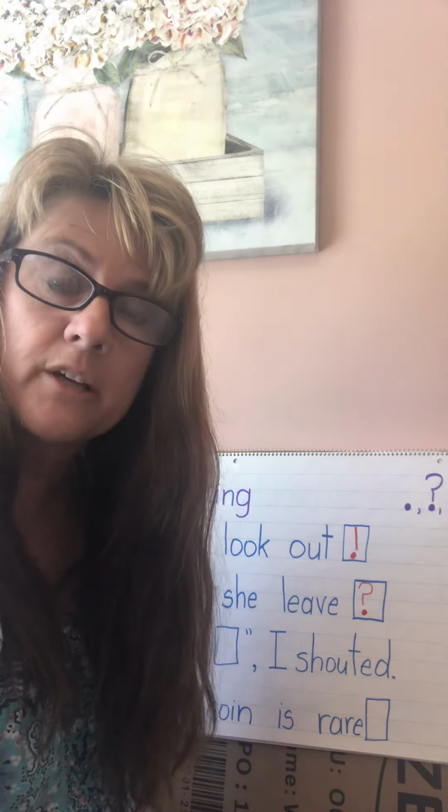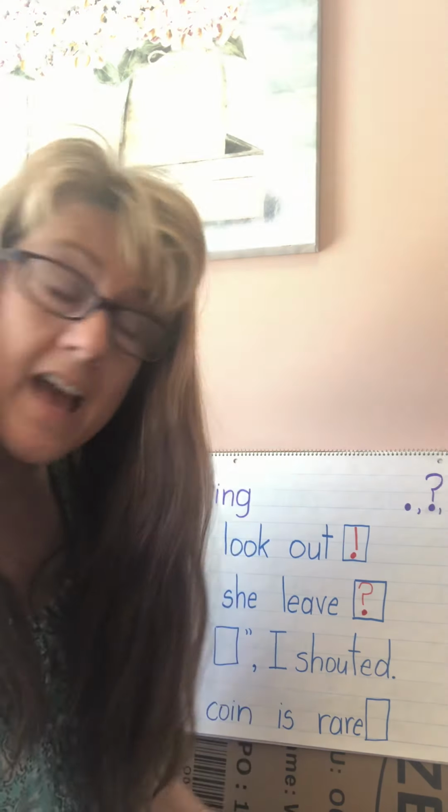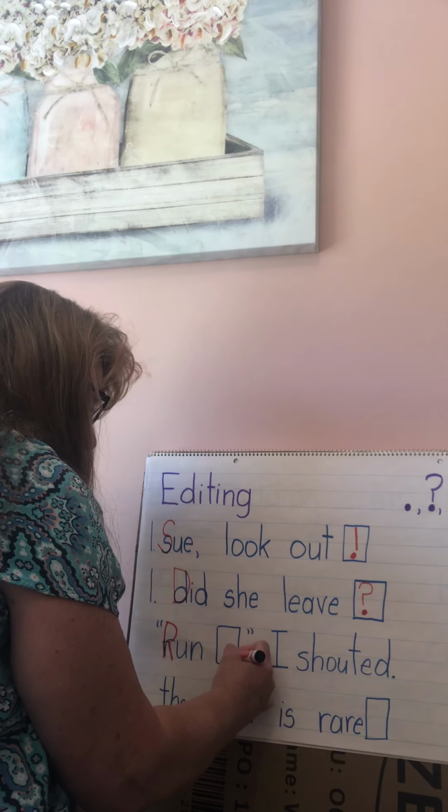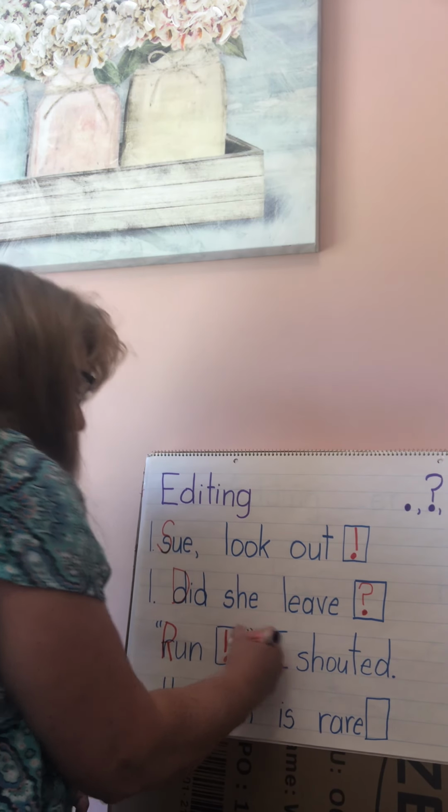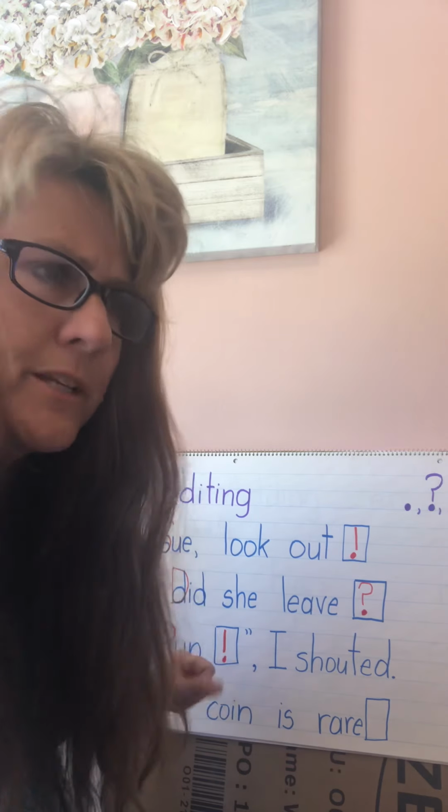Now, if you needed to run, would Miss Penry look at you and go, run? If something was after us, I would say, run! So that means I need a period there, but I also need an exclamation point. I might yell that when you were playing baseball. You know how I love baseball. If you hit the ball, I would yell, run! I would want you to go fast to get to the base before they got you out.